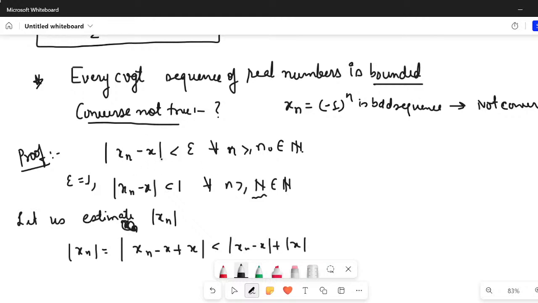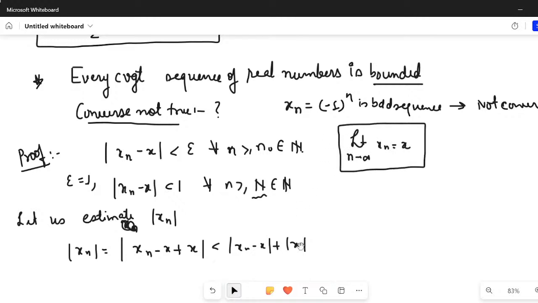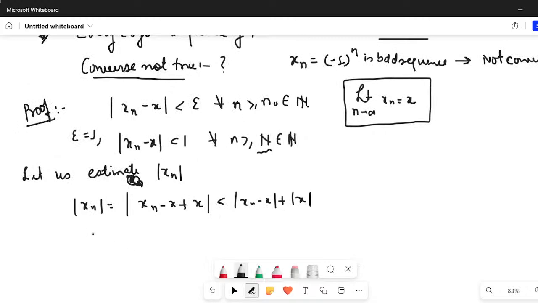Don't forget, x is the limit of x_n. So it implies |x_n| can be made less than 1 plus |x|, because |x_n - x| can be made less than epsilon, and epsilon is 1, for all n greater than or equal to capital N.